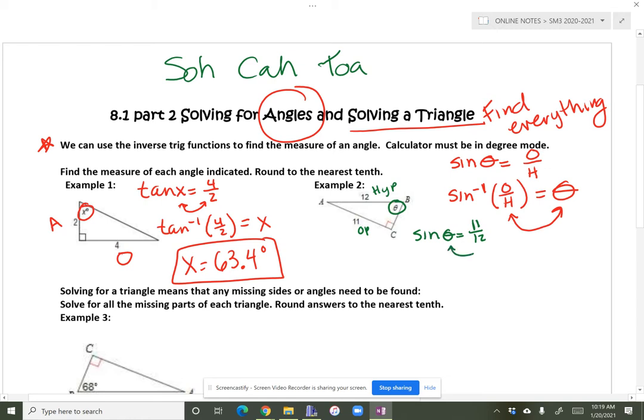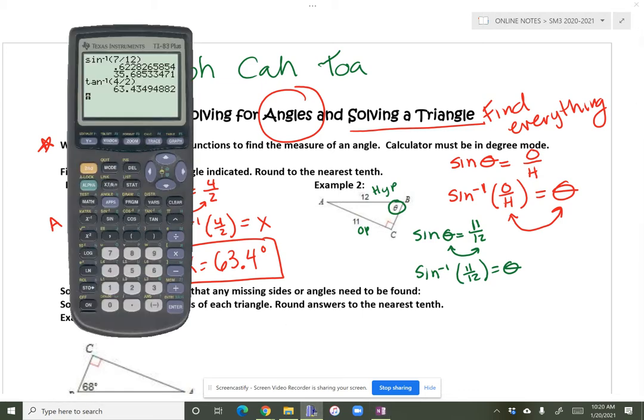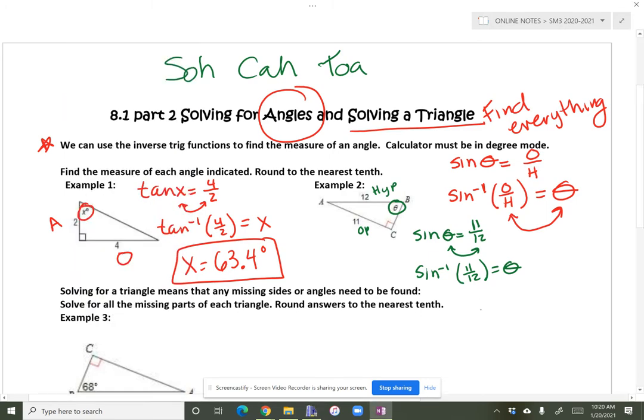But I'm going to flip them because I need to solve for theta, and I get inverse sine of 11/12 equals theta. Then I get my calculator, and I do second sine of 11 divided by 12, and I get 66.4. So theta equals 66.4 degrees.